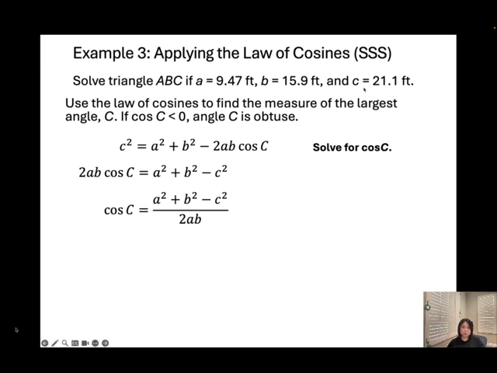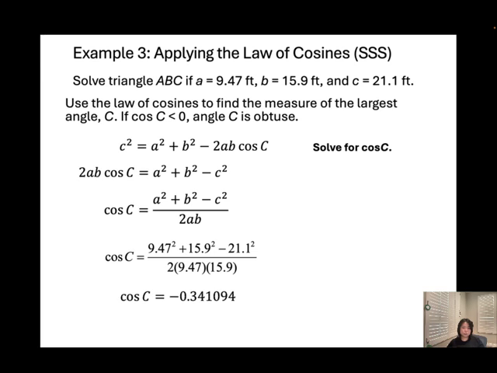Plug in those numbers and then use your calculator. You should get cosine C equal to negative 0.341094. Use your calculator. You're going to get 109.9 degrees.